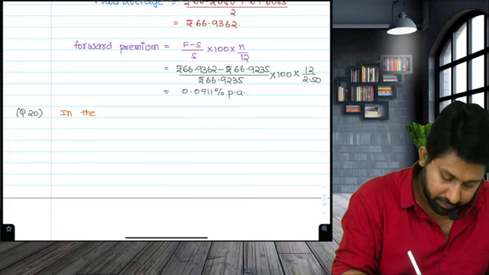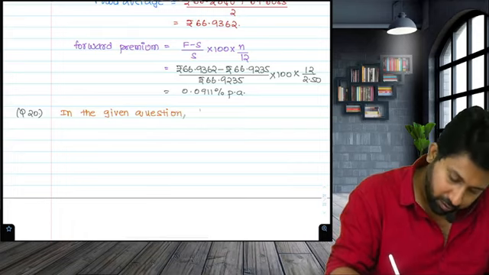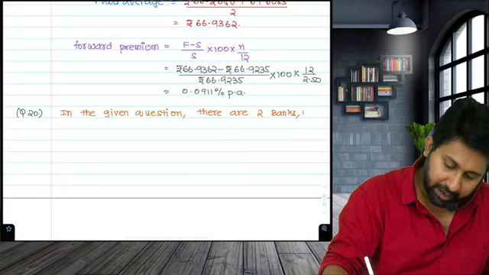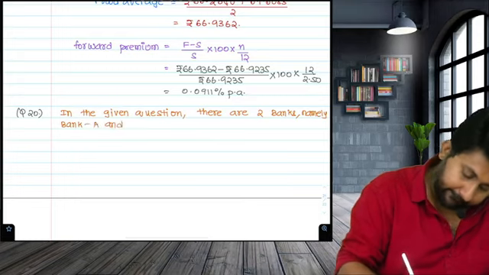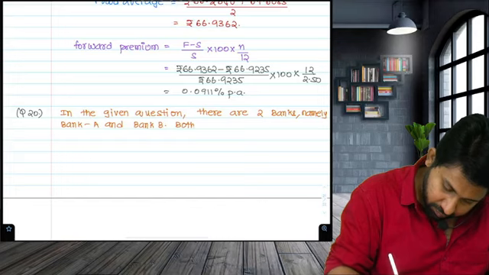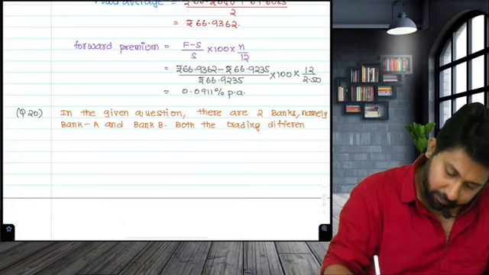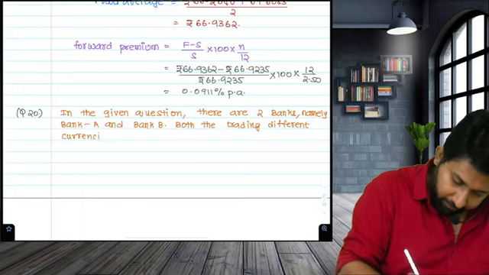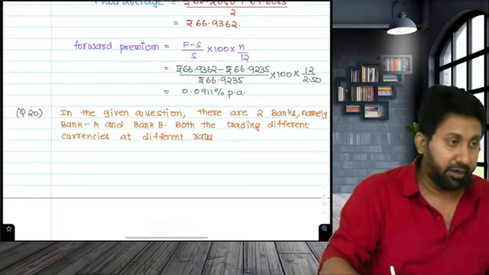In the given question, there are two banks, namely Bank A and Bank B. Both the banks are trading at different rates.